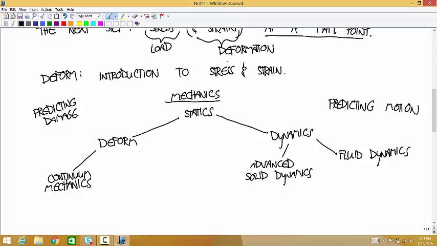And then the other more practical direction you can go from deform is finite element analysis. This is a numerical approach to solving complicated deform type problems, figuring out when things are going to fracture.